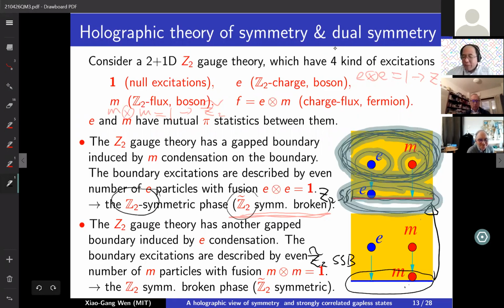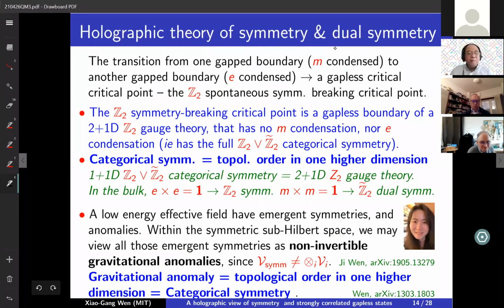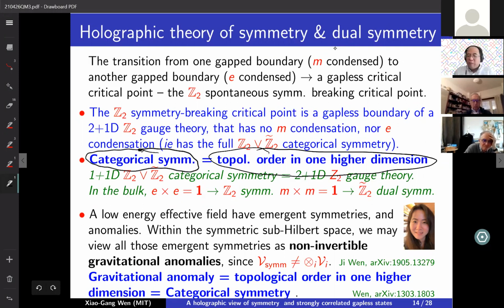And actually, this is maybe the main result of this talk. From this picture, what you really say is that categorical symmetry is just another name for topological order in one higher dimension. These two are really the same thing.